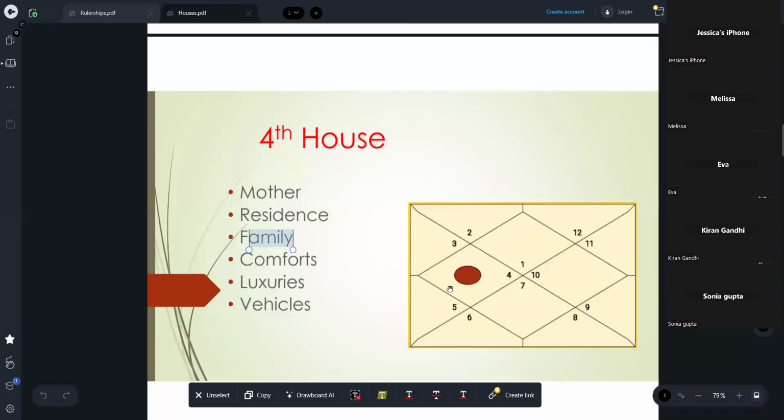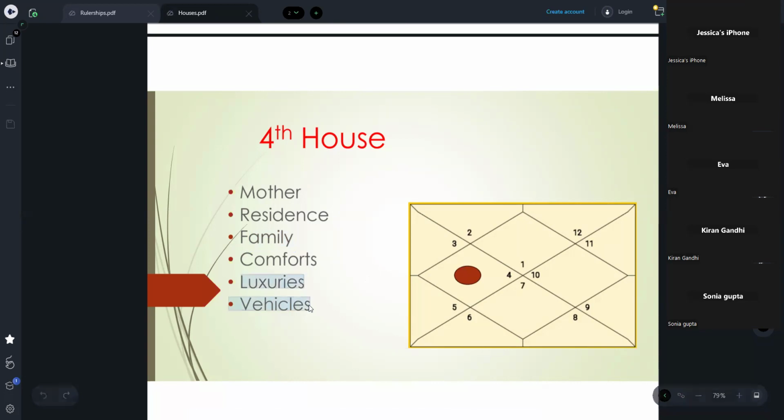Okay, so as we discussed, the fourth house also represents luxuries and convenience, different forms of convenience. You can easily associate any sort of luxuries and vehicles with the fourth house. Reason being is because they are also a form of luxury.